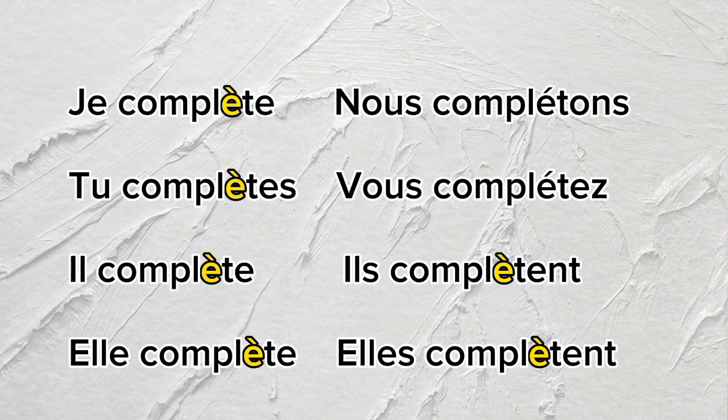But when you're conjugating, you have to change that É to È. Je complète. Tu complètes. Il ou elle complète. Nous complétons. Vous complétez. Il ou elle complète. Is that okay? So the nous and the vous, no change, but the other ones you have to change it and introduce the grave accent sound.